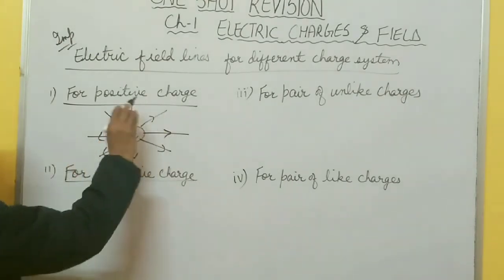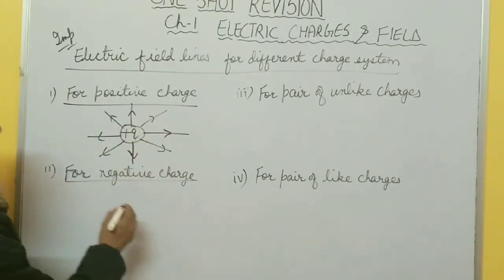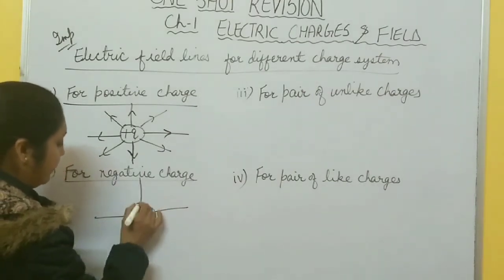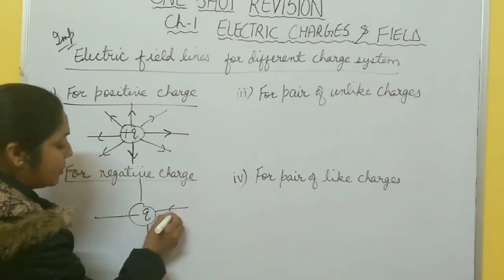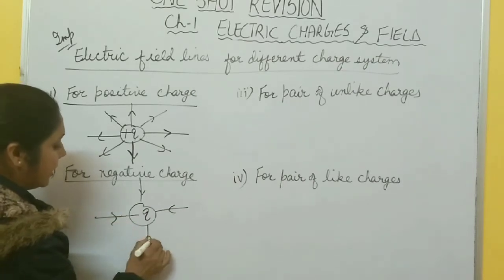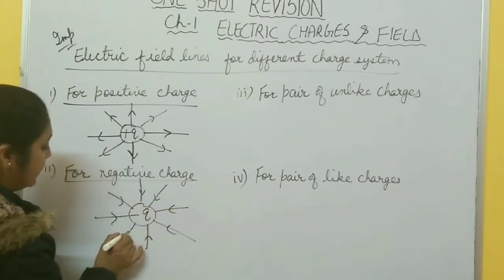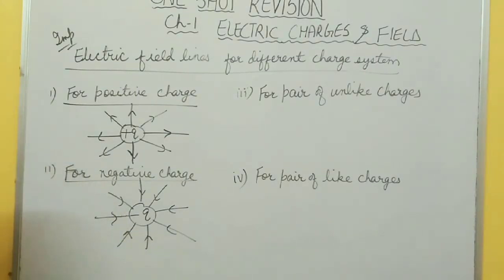This is field lines for positive charge. Now for negative charge, in the same way, you draw any number of lines, but direction is towards the negative charge, right, radially inward. This is the electric field lines for negative charge.